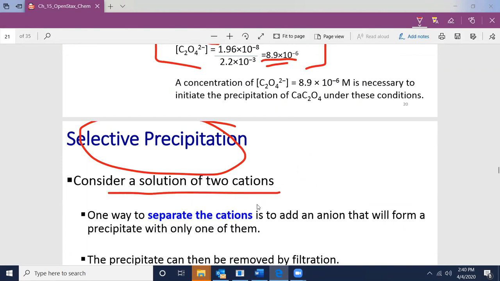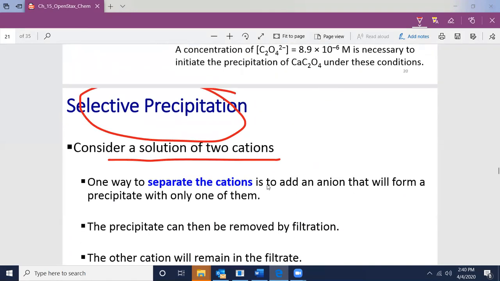Consider a solution of two cations. Let's say there are two cations present in a solution. One way to separate the cations is to add an anion that will form a precipitate with only one of them.